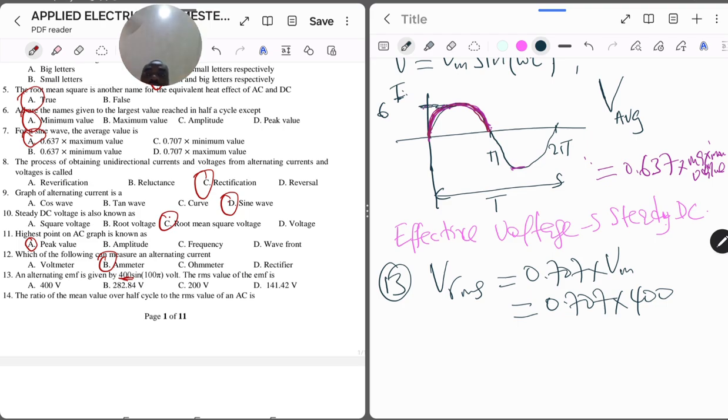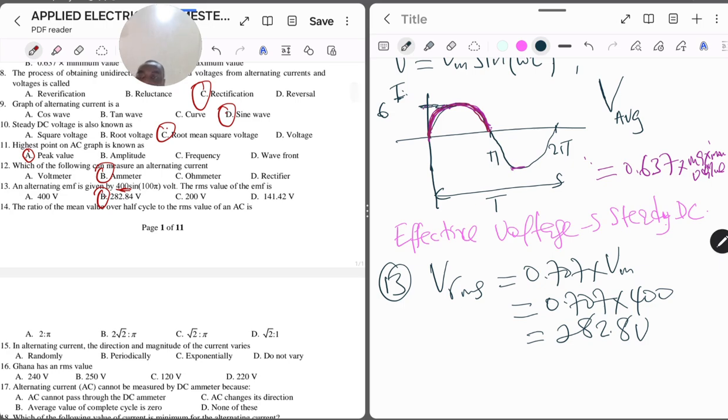So I'm going to multiply, using my calculator, 0.707 by 400, and that gives me 282.8 volts. So among the possible answers, we have B, which is 282.84. So it's B.